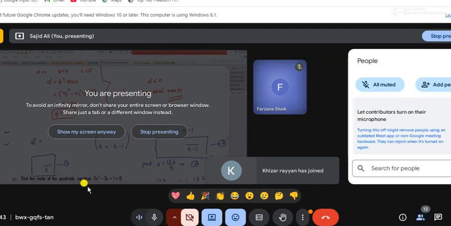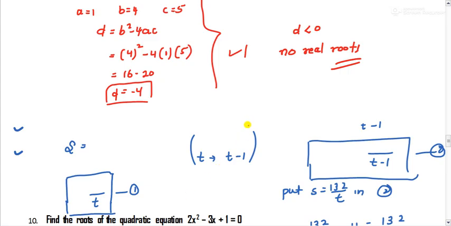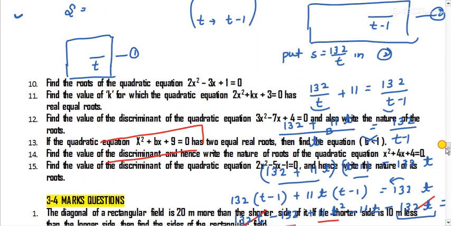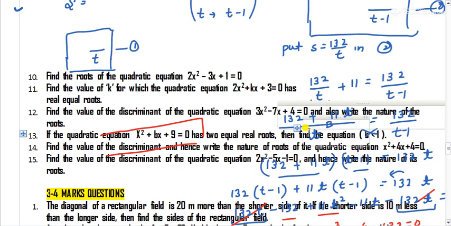Yes, you can unmute and speak. Who has the doubt? No one? Okay, then we'll move to the next question directly.